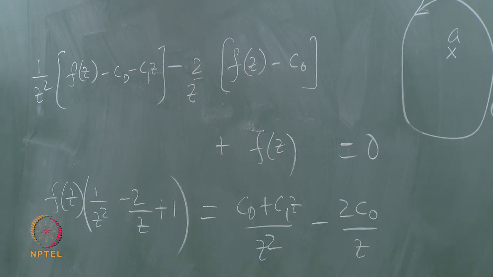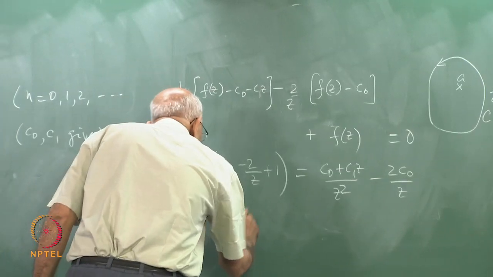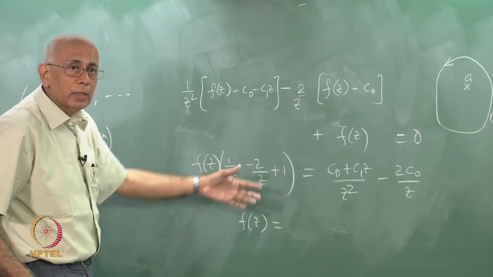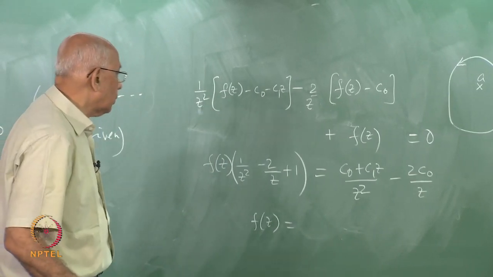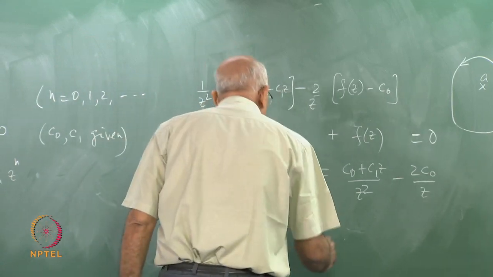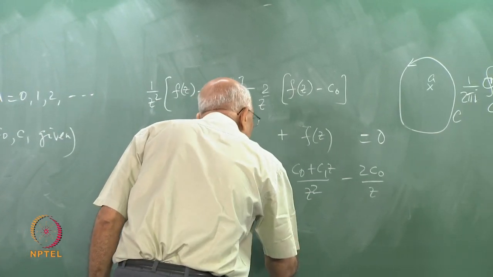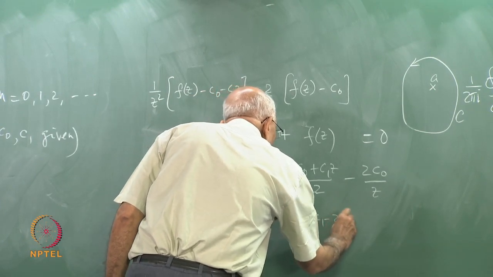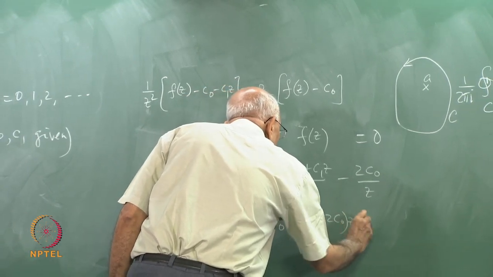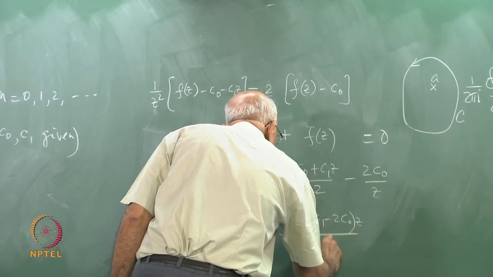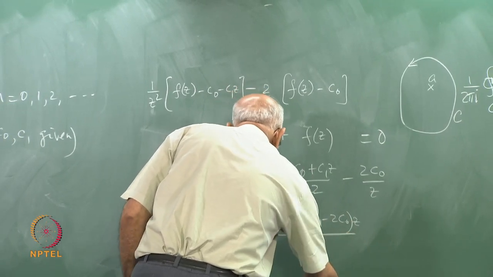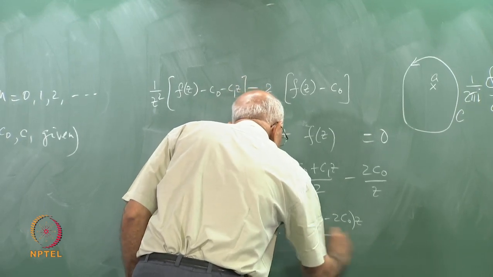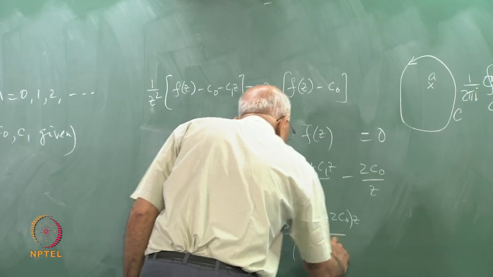That is it. So f of z equals, this is 1 minus 2z plus z squared, so it is 1 minus z the whole squared, and on that side you get C naught plus C1 minus 2 C naught z divided by z squared, and the z squared goes away on both sides and you get z minus 1 whole squared.